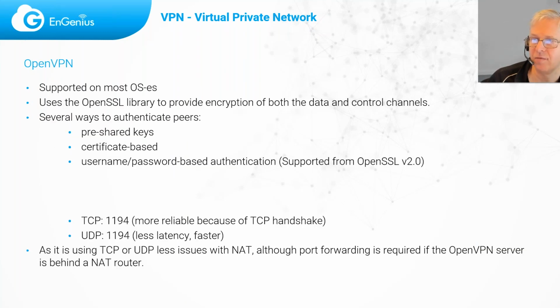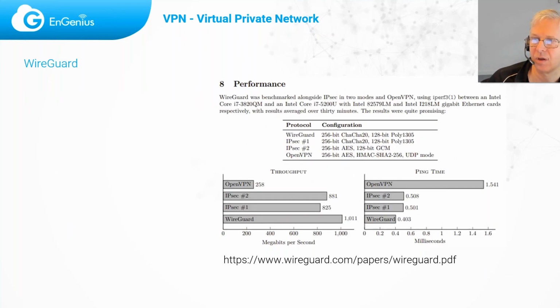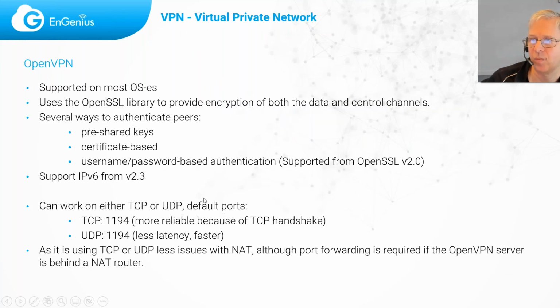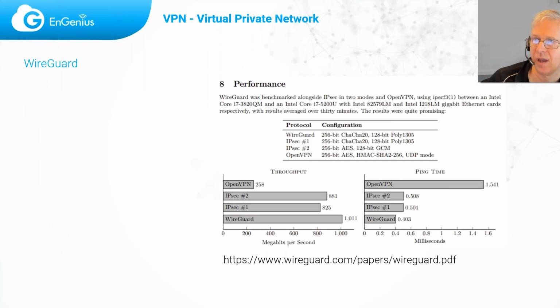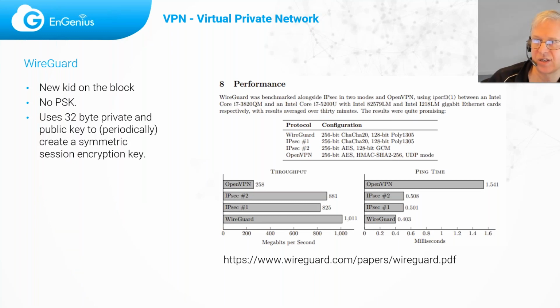We have OpenVPN, which is pretty common nowadays and supported on all OSs. And we have WireGuard, which is sort of the new kid on the block. It doesn't use pre-shared keys, but, well, actually it uses two keys, a public and a private, and something called the Noise protocol instead of IKE.